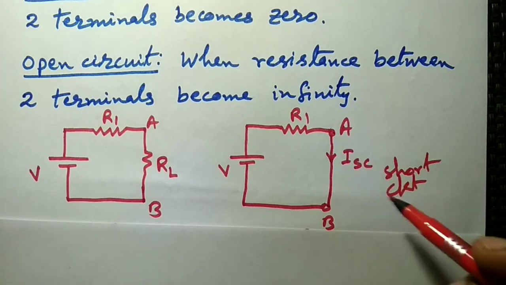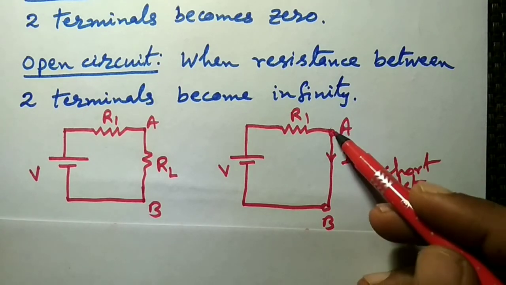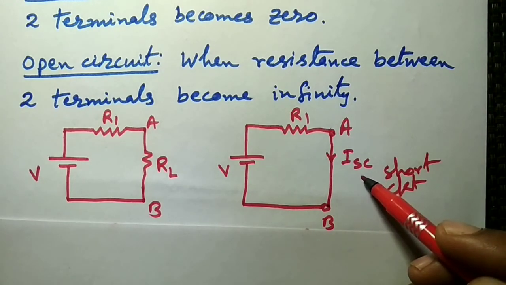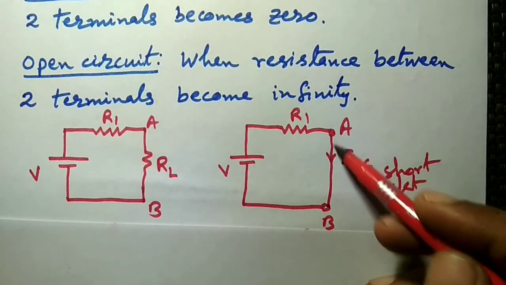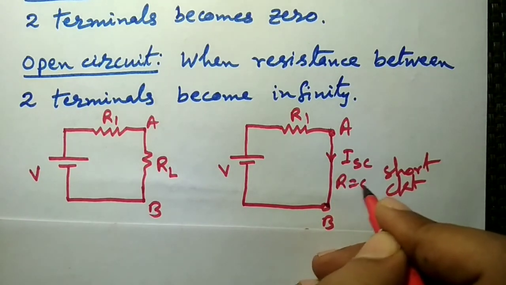So in this case, it becomes a short circuit path. And the current that flows through this short circuit path is considered the short circuit current. Remember one thing, in the short circuit path, the resistance will always be equal to 0.